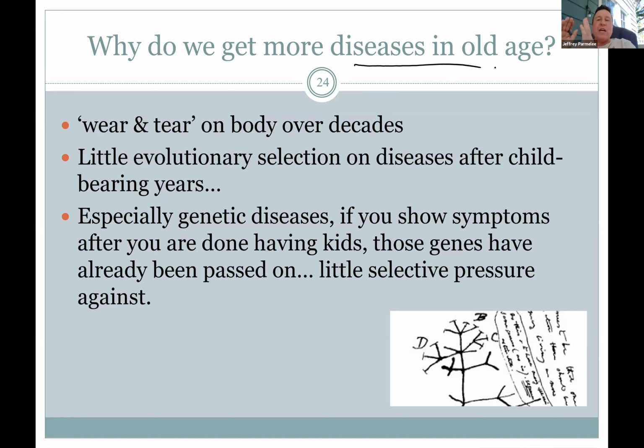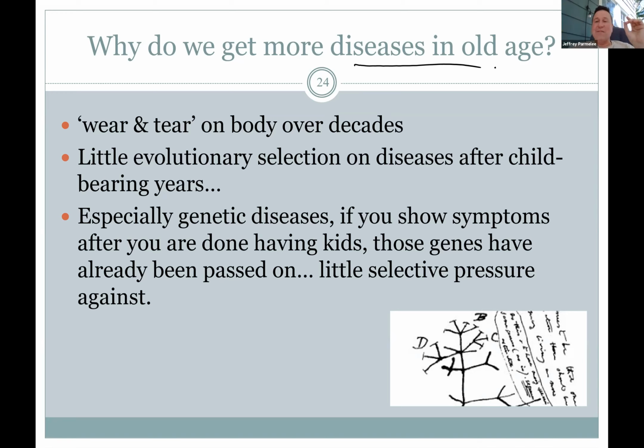Diseases that happen after your childbearing years, you've already had your kids, you've passed on those genes. If you have a genetic disease that affects you in your teens, you're less likely to leave those genes because you haven't had children, and that genetic disease will not be passed on. So you see a lot of genetic diseases happening in old age because there's no evolutionary selection against them, because it's too late.